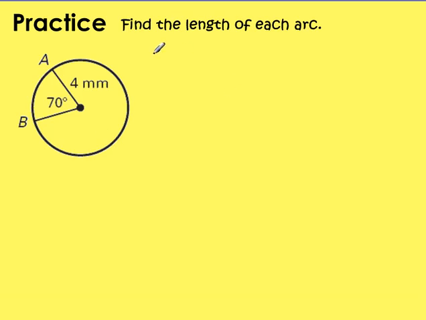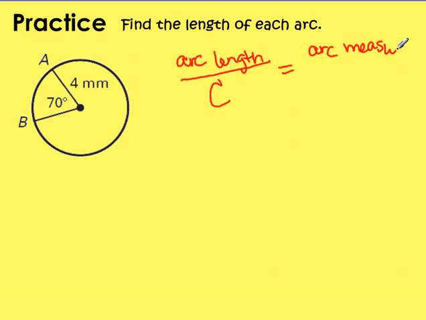Now let's apply what we've learned to find the arc length of each arc, and in this case it's just arc AB. We know that our general formula to find the arc length is your arc length over your circumference, which is equal to your arc measure over 360 degrees.